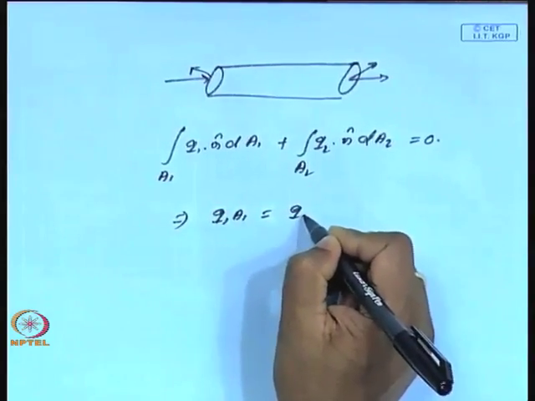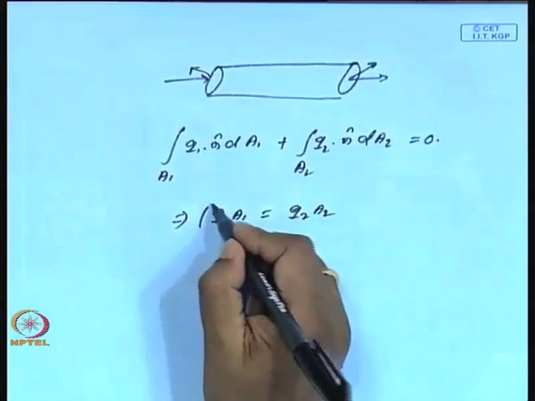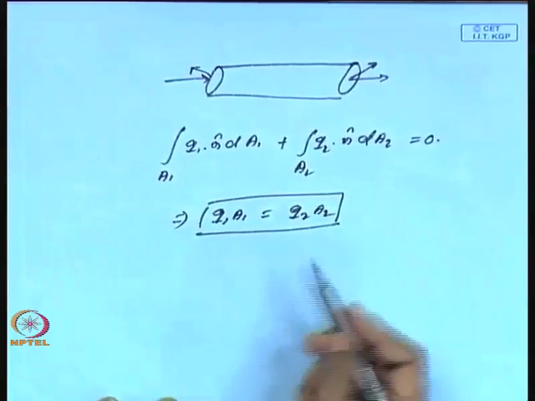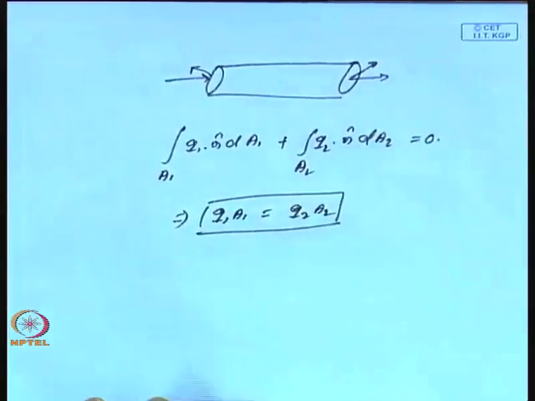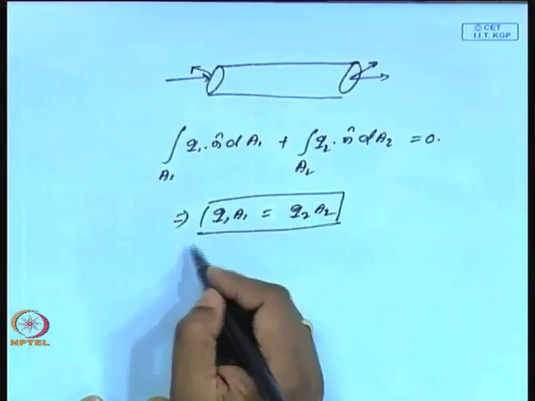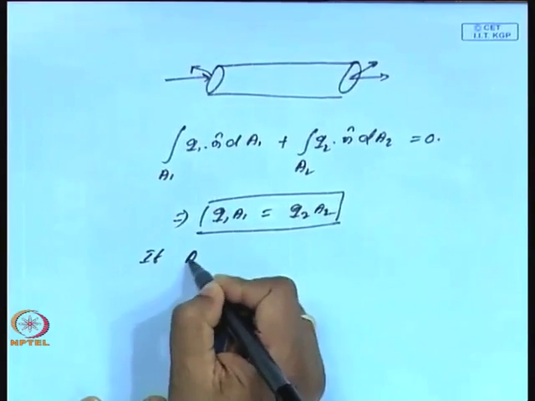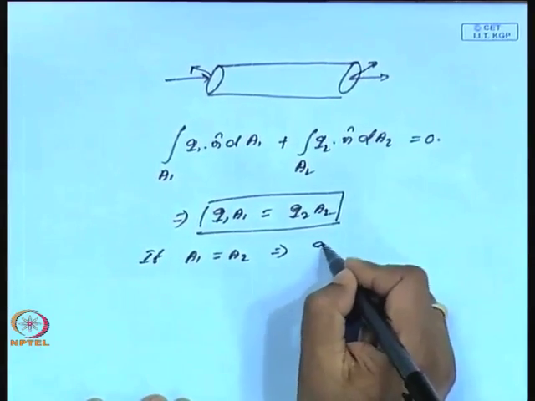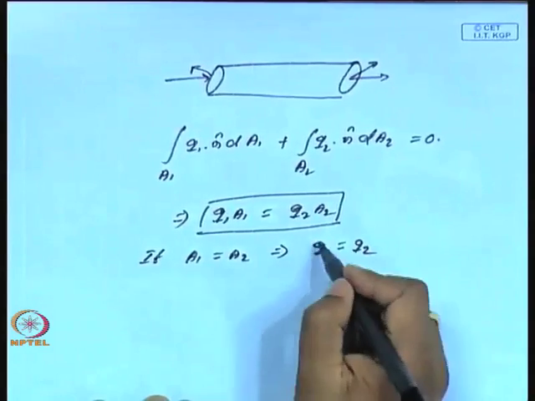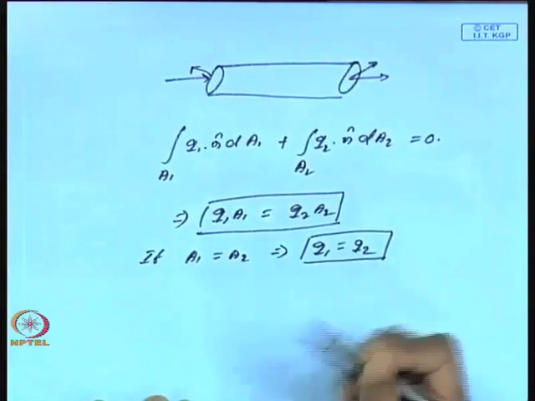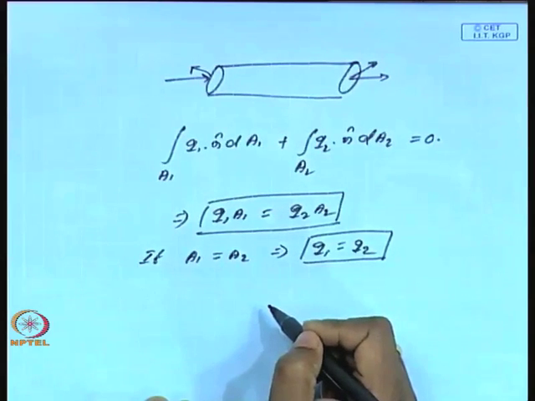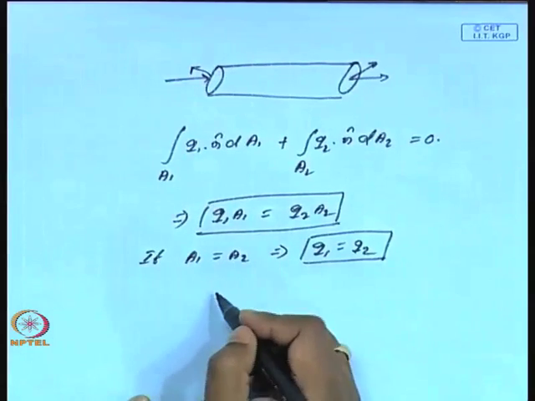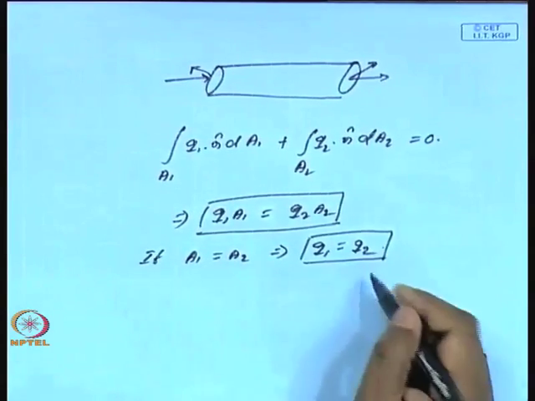This is what happens in a stream tube: the amount of fluid entering through this end is the same as the amount going out through the other. Now if A1 is equal to A2, then from this relation we have Q1 equal to Q2. That means, when we have a stream tube of uniform cross section, the speed remains the same.